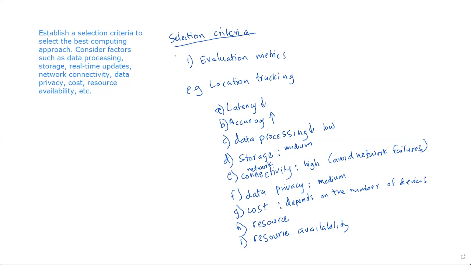If the number of devices connected is very high, then sometimes the cost of transmitting the data from one end to another end will be high under cloud computing. So you can decide which type of computing to use based on the number of devices connected, and you can consider the number of devices connected in order to calculate the cost, right? So we will consider that fact.